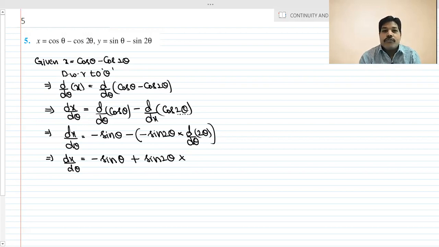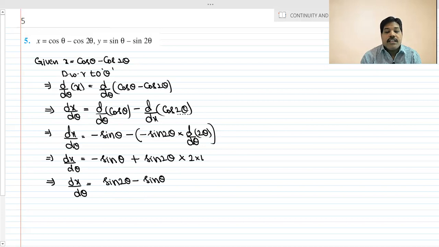The derivative of 2x is 2 with respect to x, so here also the derivative of 2 theta is 2 into 1. So what is the dx by d theta value, students? dx by d theta is equal to sine 2 theta minus sine theta.